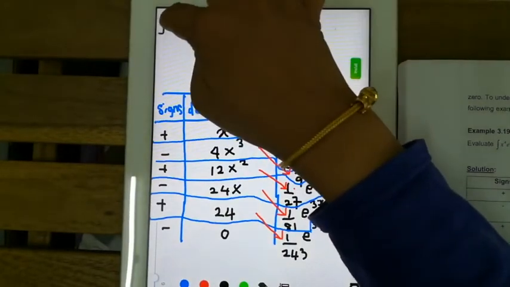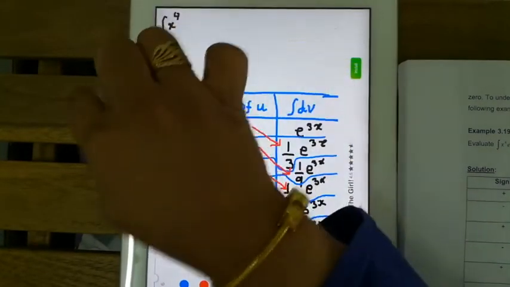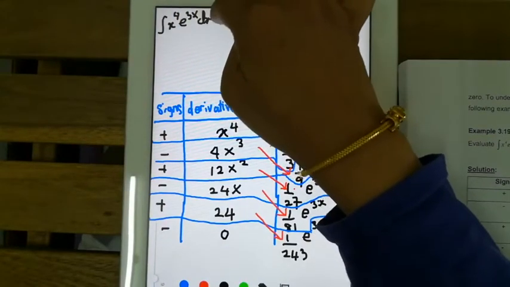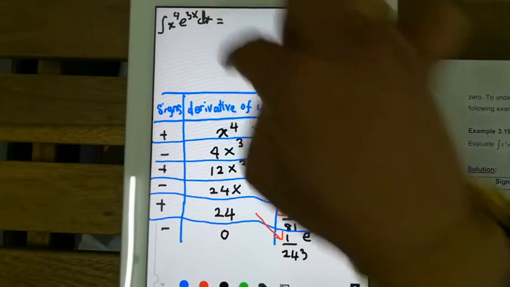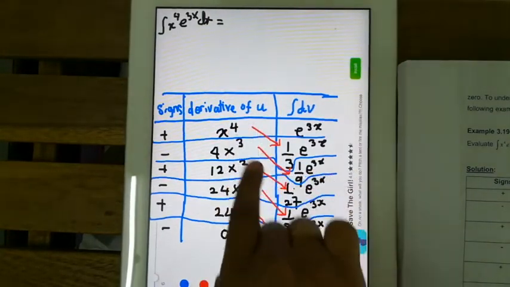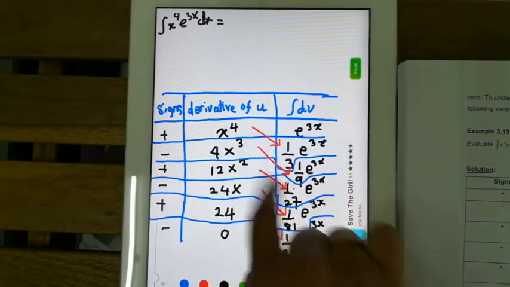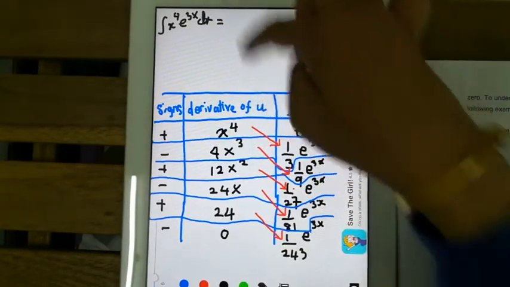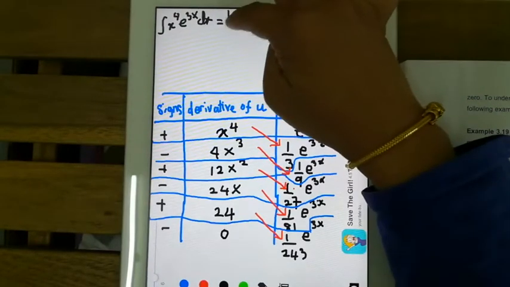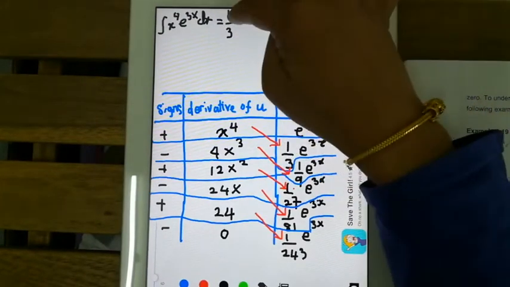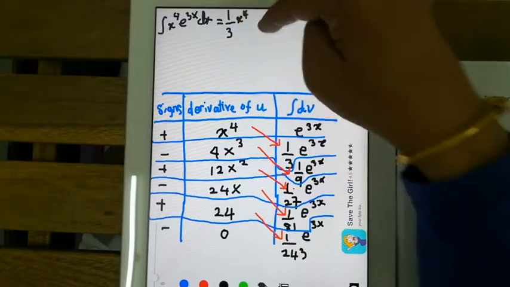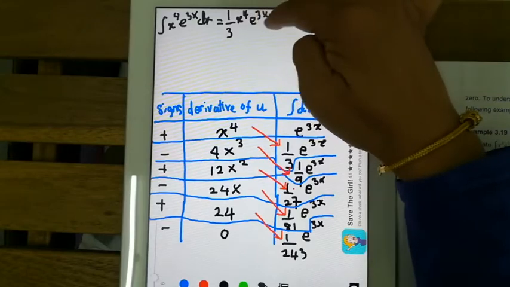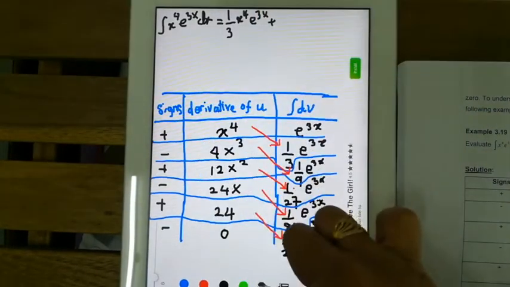So our original question is the integral of x power of 4 e power 3x dx, which equals, so we multiply this according to the arrow directions. So you just copy your answer here. Make sure you're not making a mistake. 1 over 3 x power of 4 e power 3x, plus, sorry, not plus.